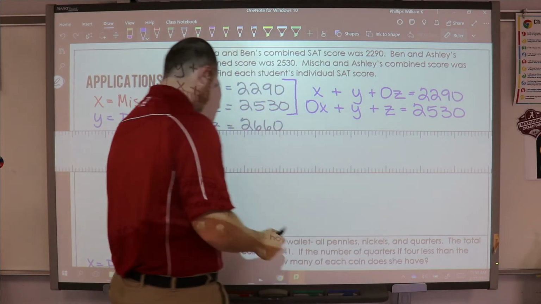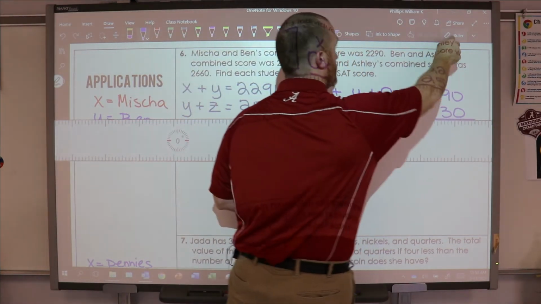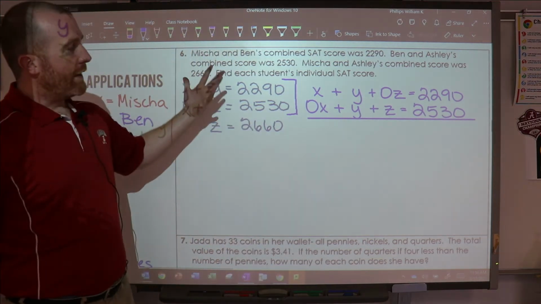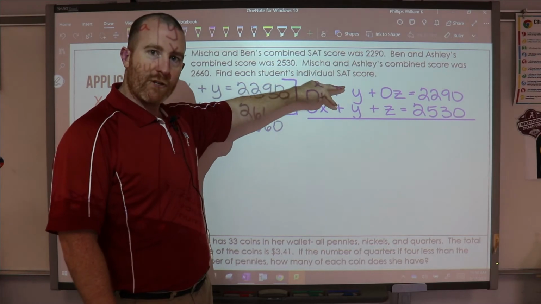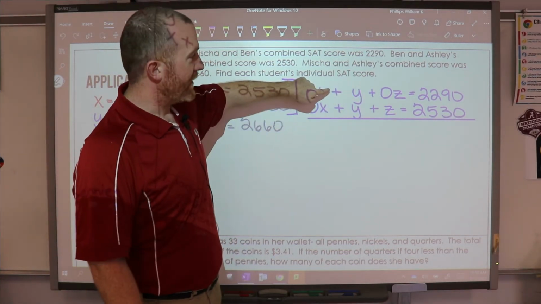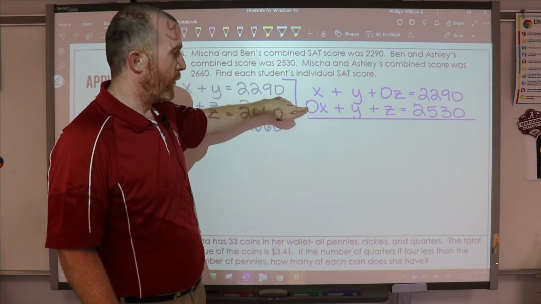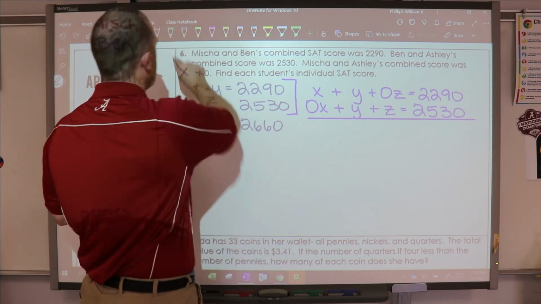So here's my system that I want to try to solve and eliminate one of the variables. Really the only variable you can eliminate is the Y's, because there's a Y in each equation. You can't eliminate the X's or Z's because in this equation there are no Z's, and in this equation there are no X's. So it's really only going to work to eliminate the Y's here.